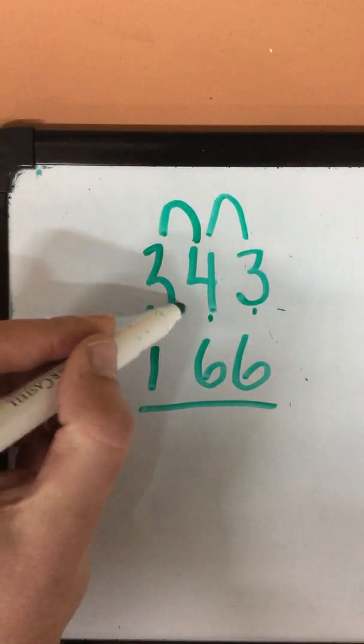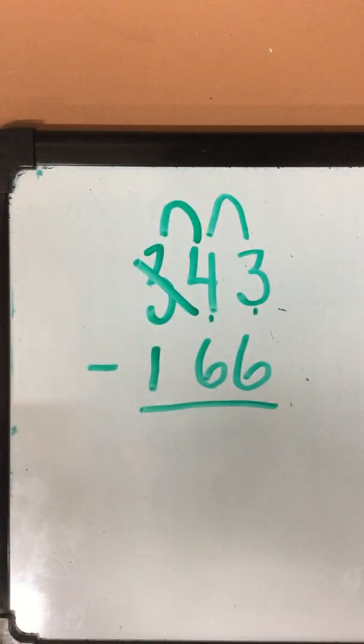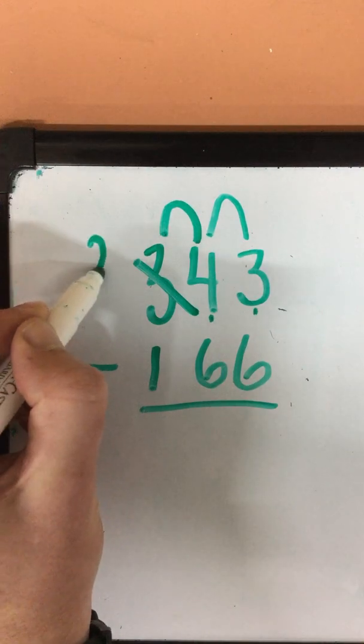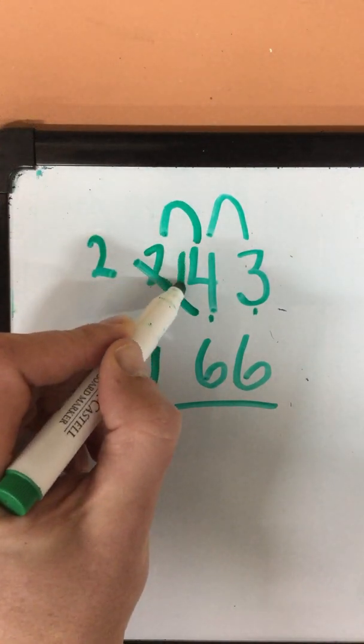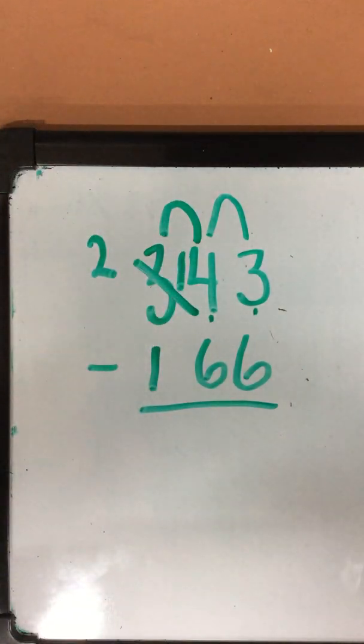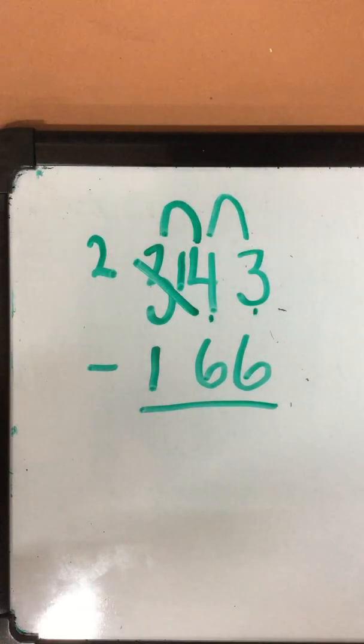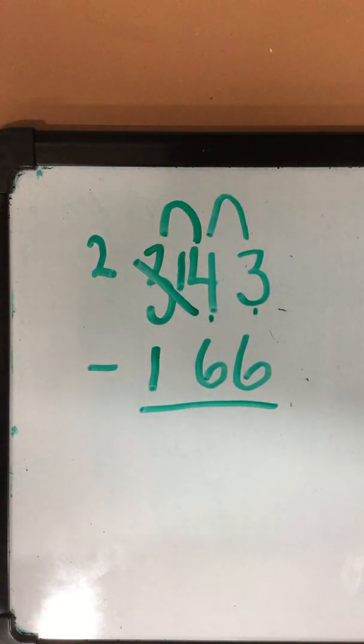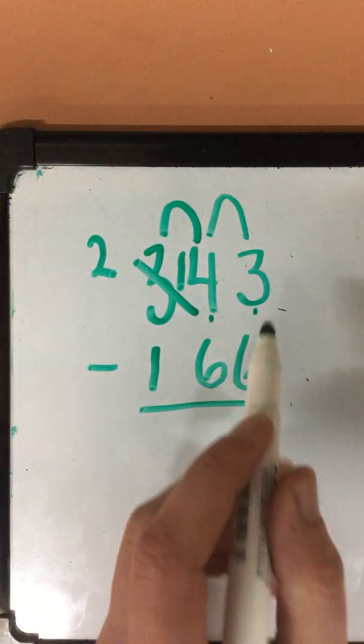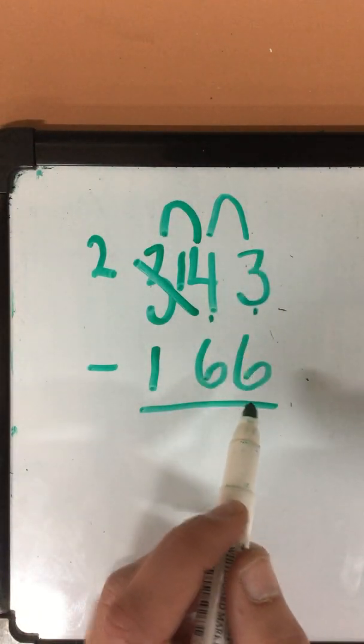So what I'm going to do is I'm going to borrow one of these hundreds and I'm going to put one of these hundreds in here and make 14. Now, I guess this is the tricky bit here in that you can't stop there. You have to keep moving because we want to get all the way back to the ones column.